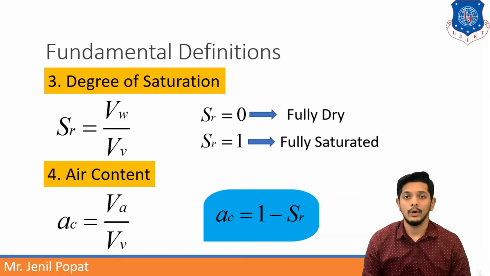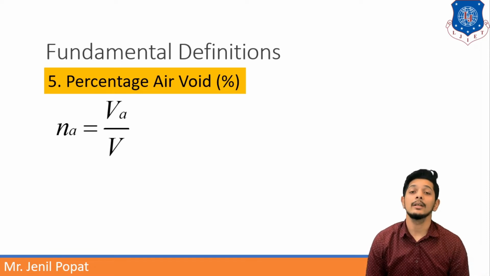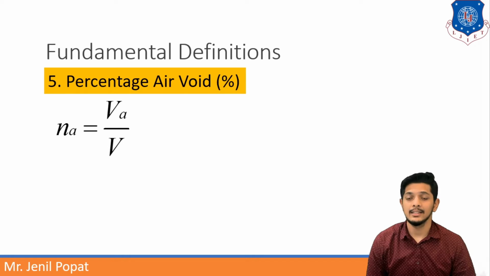Let us move forward. Next definition, that is percentage air void. As the name suggests, it is represented as a percentage value. It is denoted by na. Here na is equal to Va upon V, where Va means volume of air and V means total volume. So percentage air void can be defined as the ratio of volume of air to total volume.